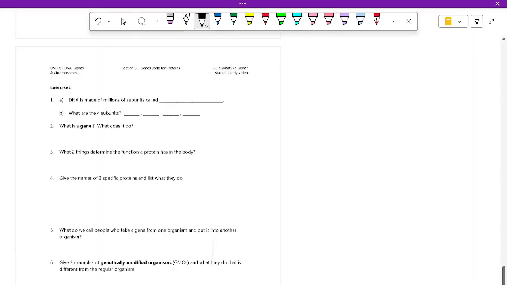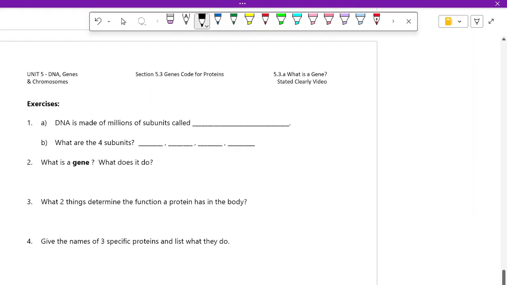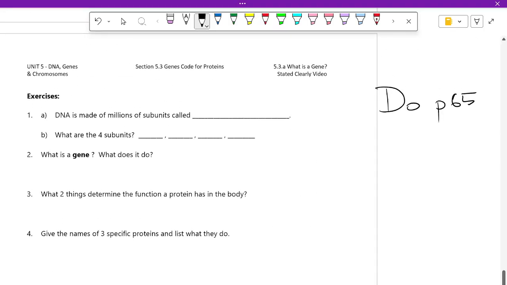So right now, what we're going to do is page 85, because I can't read. You're going to do page 85 and you're going to add that onto your cheat sheet.